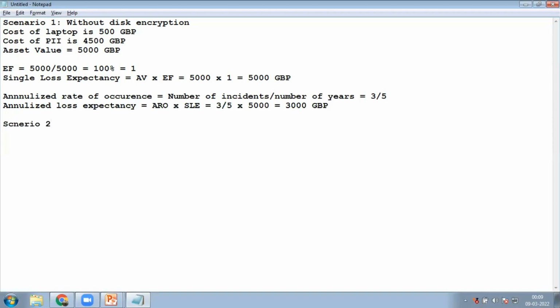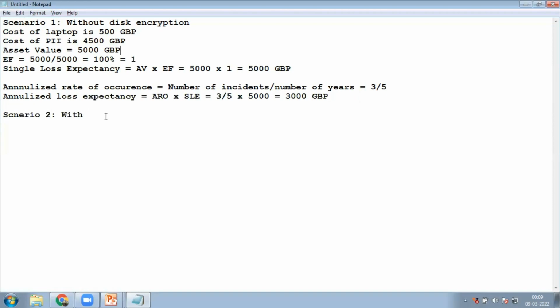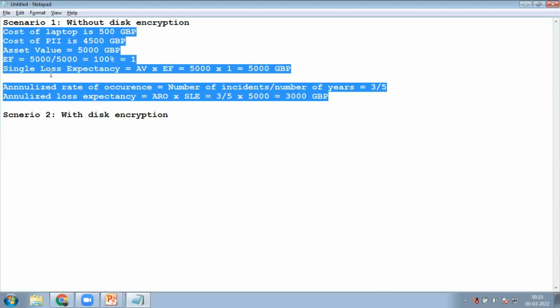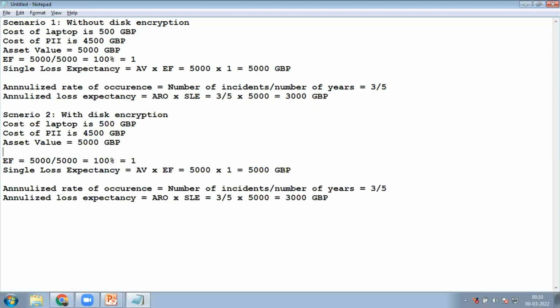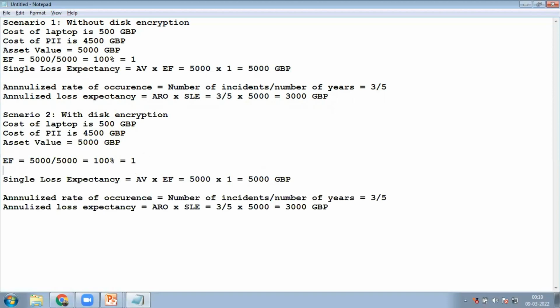In scenario 2, with disk encryption, we're going to copy this and paste it. Asset value remains the same, 500 British pounds, but with the disk encryption, that means the PII is what is actually lost. So what I'm going to have is 500 divided by 5,000.